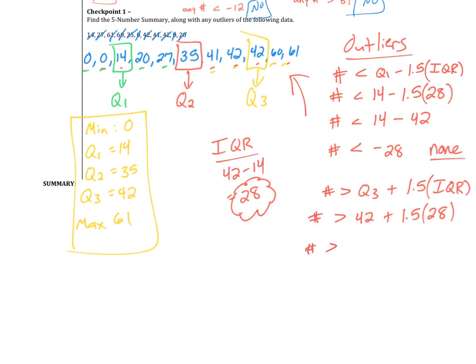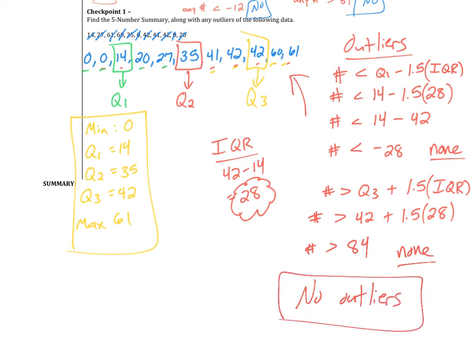So 42 plus 1.5 times 28 is 84. Are there any numbers greater than 84? There are none, because the biggest number is 61. So are there outliers? No, there are none. So we can just put on here no outliers.